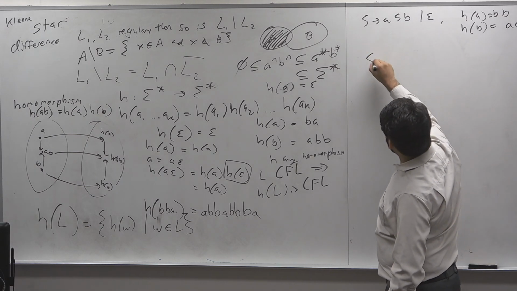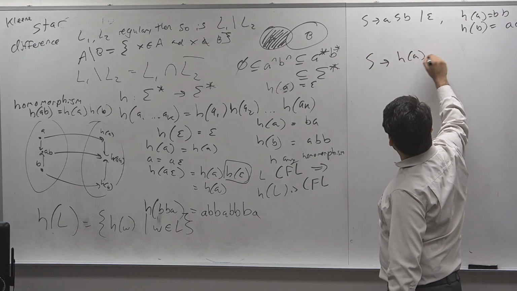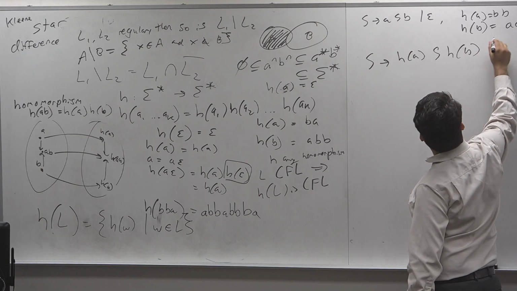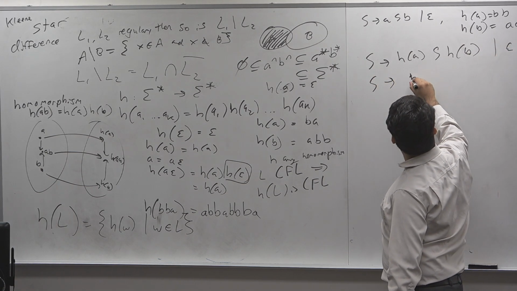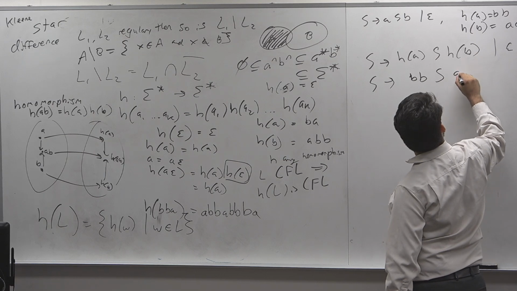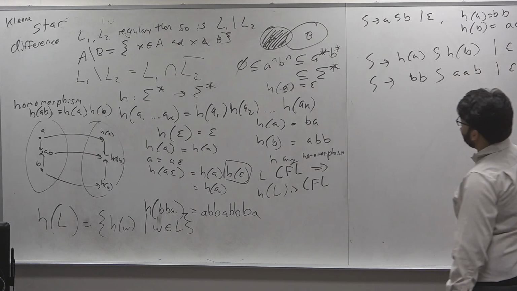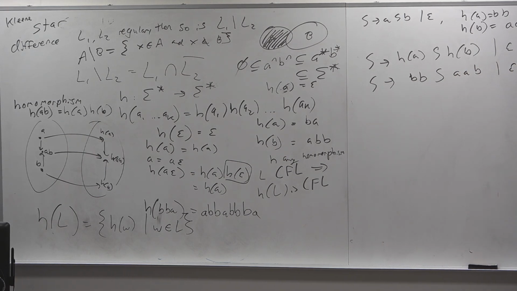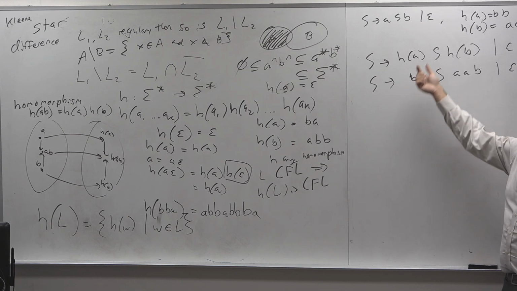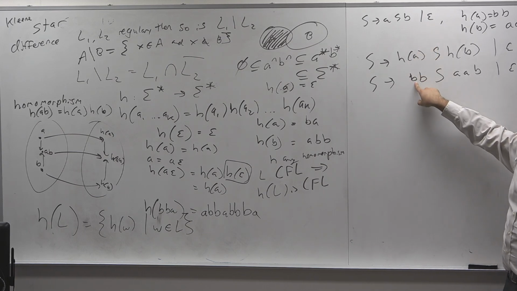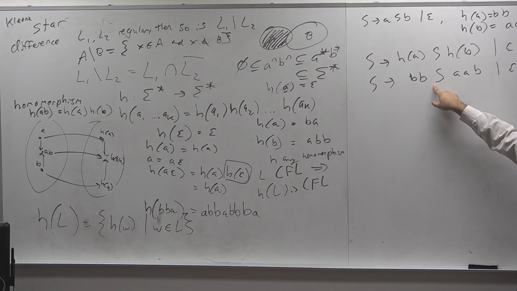All we're going to do is have S go to H of A, S, H of B, or the empty string, which is really going to be S goes to BB, S, AAB, or empty string. You do the surgery on the grammar itself. Certainly, if that was going to produce an A, the same sequence of productions will produce the BB. Right? So if a word is produced by this grammar, its homomorphic image will be produced by this one. Closed under homomorphism.